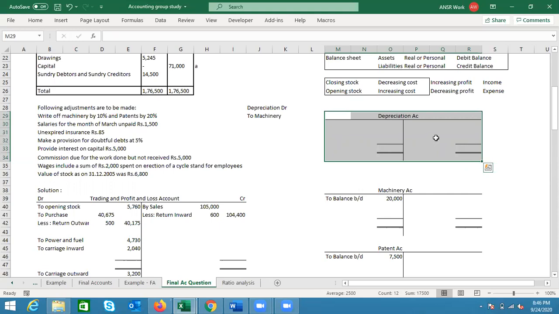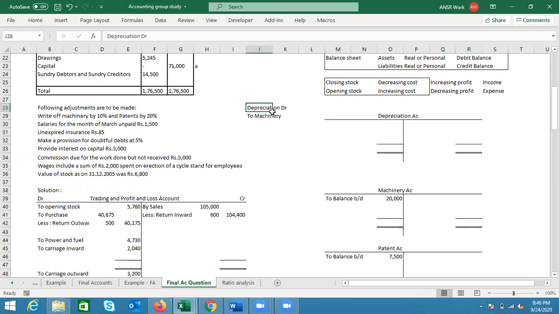So the rule was, when determining which side a particular entry will be posted, we just look at the entry and see if that account is getting debited or credited. If it is getting debited, it will be posted in the debit side. If it is getting credited, then it will be posted in the credit side. Here, depreciation account is getting debited, so it should be posted in the debit side, right?